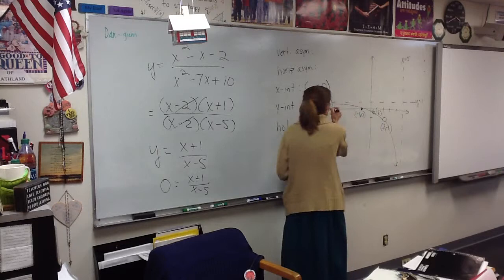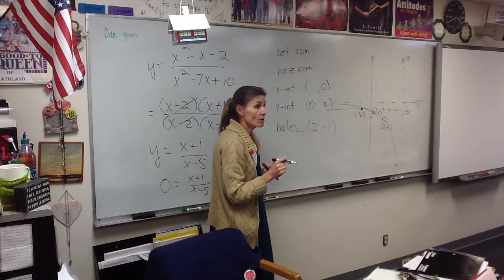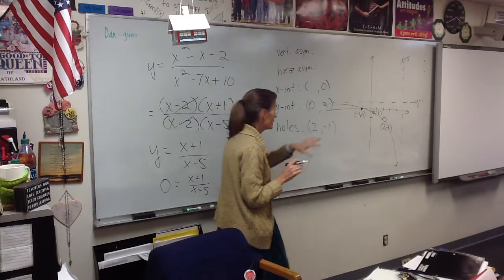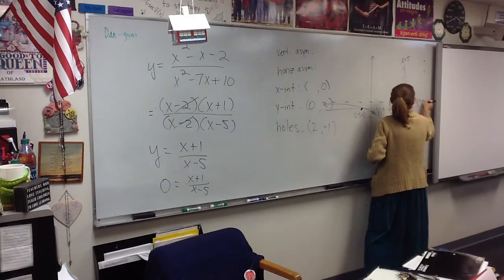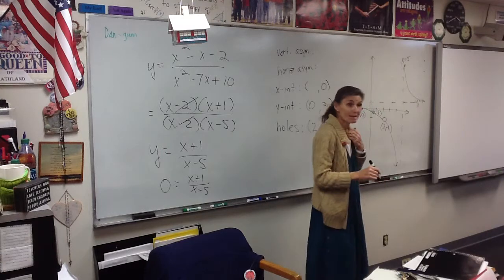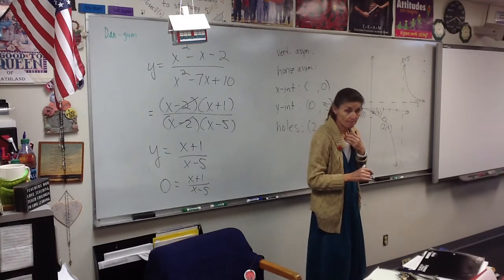How's that look? Now you might stop there, but I'm gonna have to take points off because you haven't finished your picture. There's this piece, but there's also this piece. And you might say, but Miss Ford, there's no points up there. Right now there aren't. If you need to plot some, go ahead and plot some.